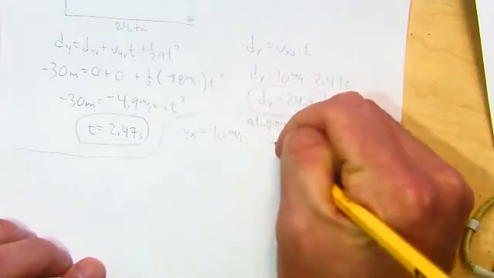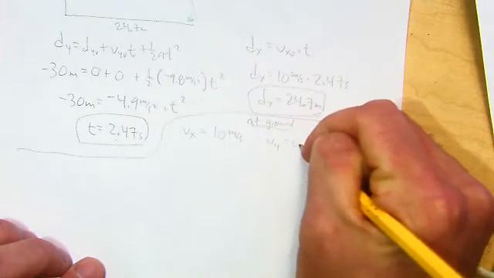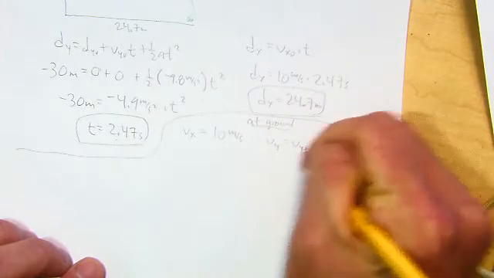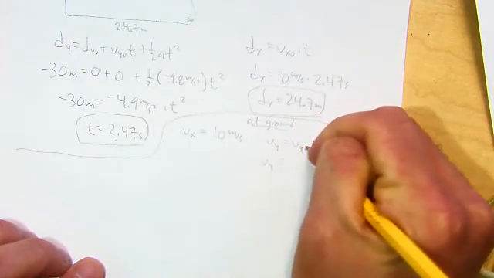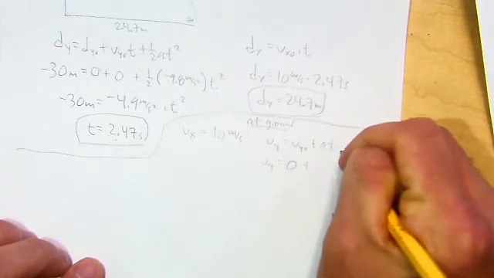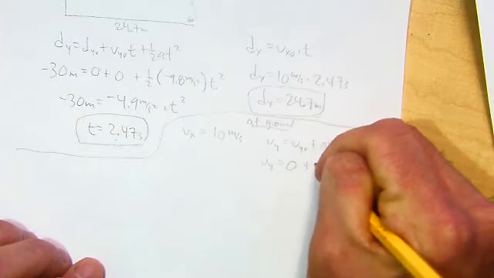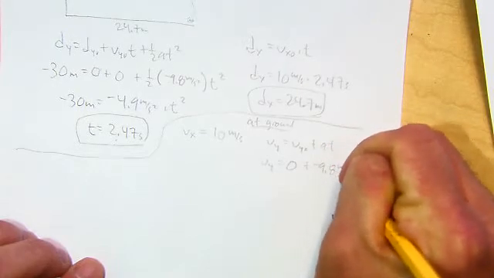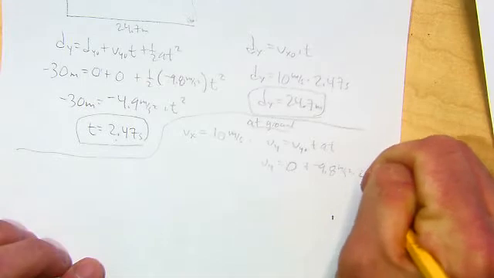Your Vy, we're going to have to use that equation: Vyo plus at. Vyo was actually 0, right? Acceleration is negative 9.8. Your t to get to the ground, 2.47 seconds.